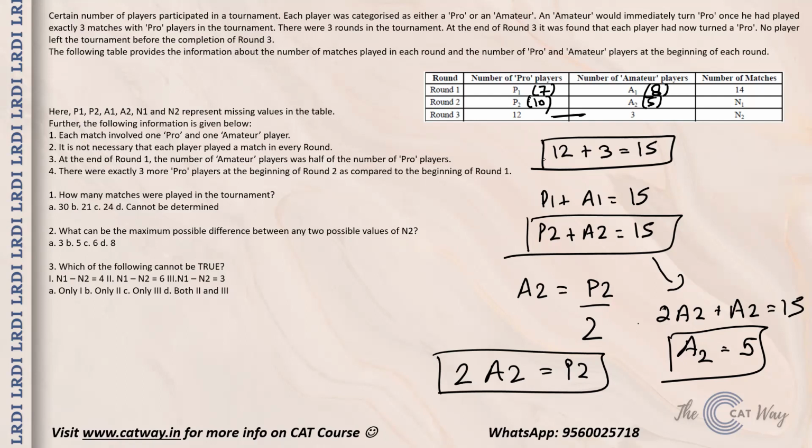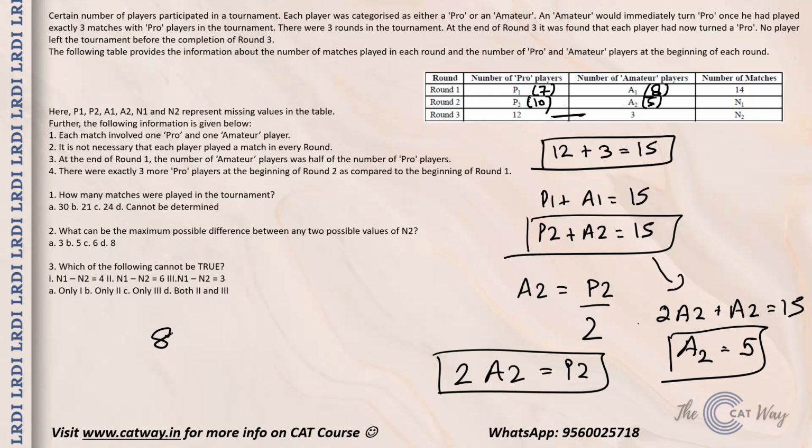What we know is that every match that was played was between an amateur player and a pro player, and initially we have 8 amateur players. By coming to the end, all of the players are getting converted into pro players.